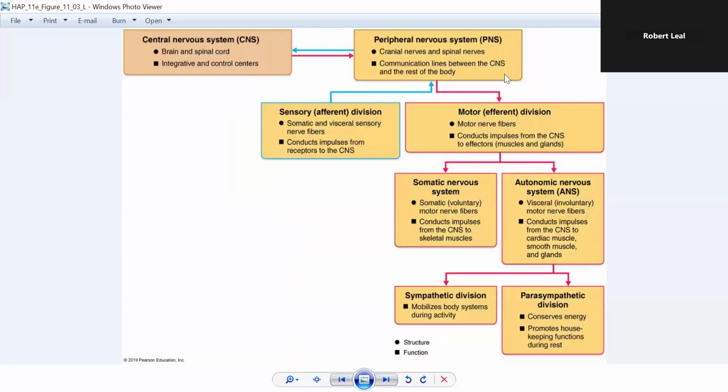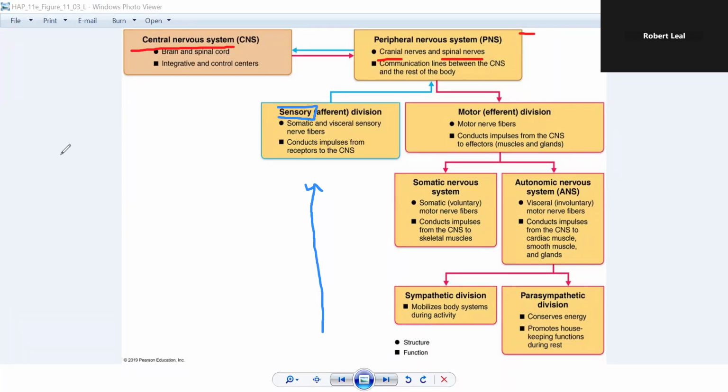All right, now again, just to review, the central nervous system consists of the brain and spinal cord, and the peripheral nervous system consists of the 12 pair of cranial nerves and 31 pair of spinal nerves. They went ahead and broke the peripheral nervous system down a little further. Those axons that send information up to the brain are called sensory. So you can receive sensory from targets like inside your muscles, also within the body, touch, temperature, pain, things like that.